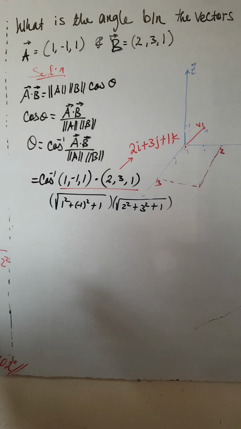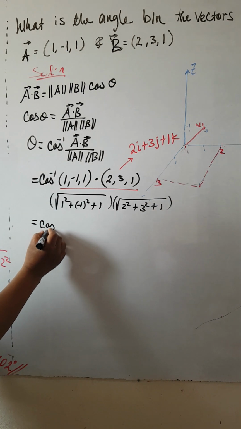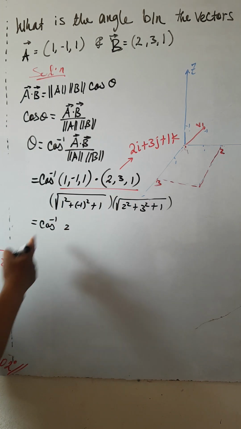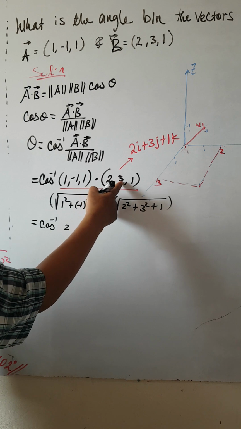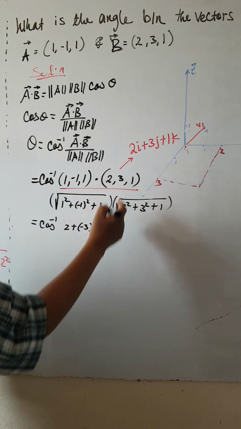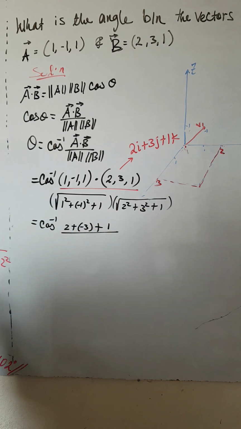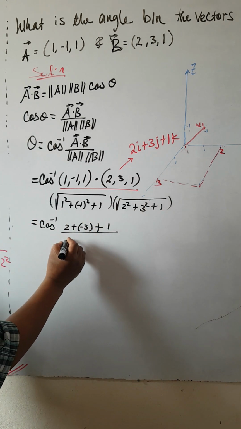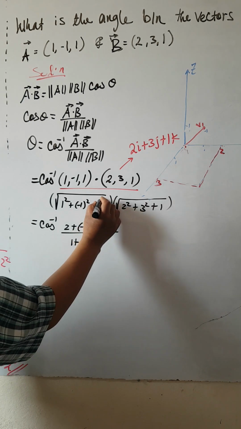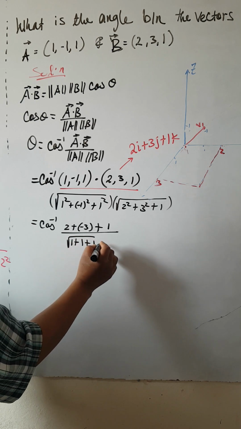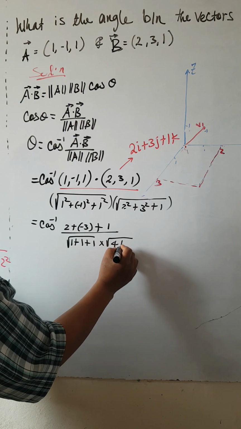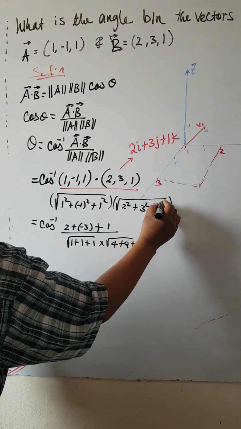So theta is equal to cos inverse of 1 times 2 is 2, plus negative 1 times 3 is negative 3, plus 1 times 1 is 1, divided by now 1 squared is 1 plus negative 1 squared is 1 plus 1 squared is again 1, times the square root of 2 squared is 4 plus 9 plus again 1 squared is 1.